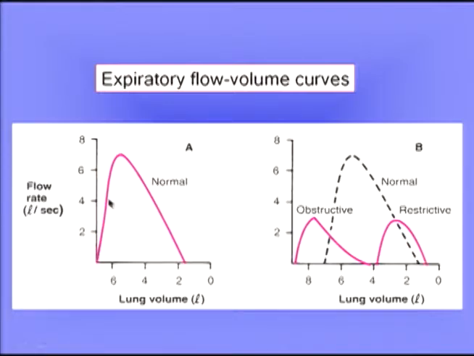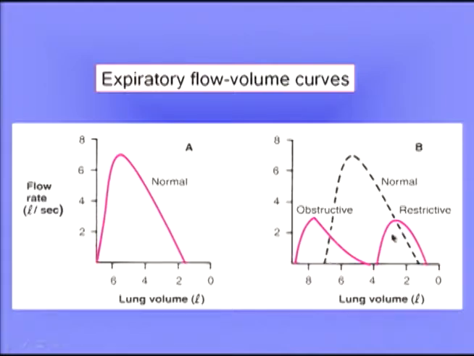Here's a normal flow volume curve here. The flow volume curve, you'll recall, is done by asking a patient to breathe in to total lung capacity and breathe out as hard as he can to residual volume. We discussed this extensively in the respiratory physiology section. Now, in obstructive disease, we get quite a different pattern.